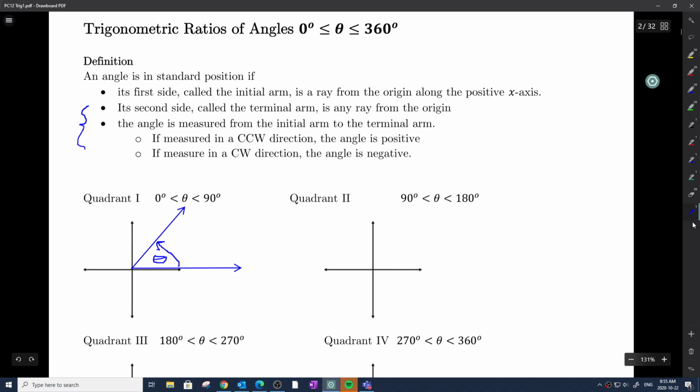All right, let's look at what a quadrant two angle looks like in standard position. Again, we have our initial arm, which starts at our origin right there. And a quadrant two angle looks something like this. So really, if it was measured in a positive direction, we'd start at the initial arm and go with the terminal arm.